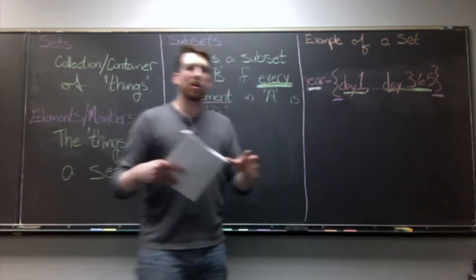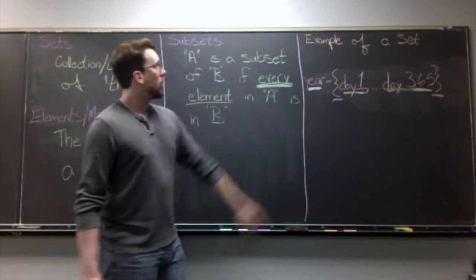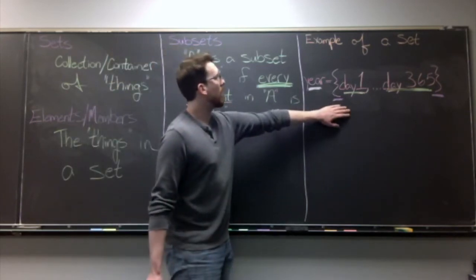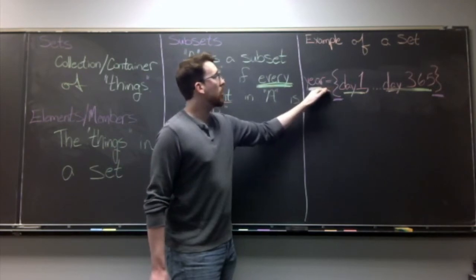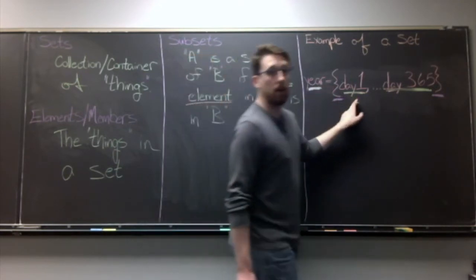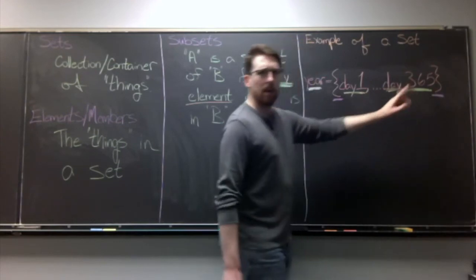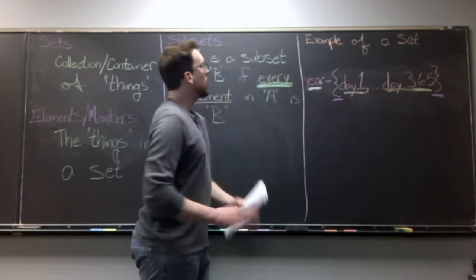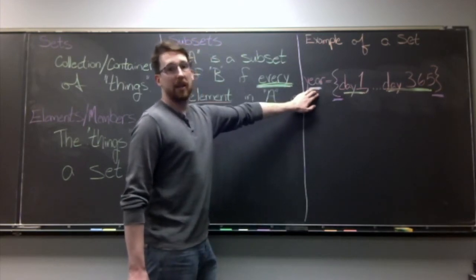Now as a more rigorous example of what a set is, let's consider this example we've got here, a year. We're saying a year is the set of day 1 all the way through day 365. I want to point something out. Year is what we're naming the set.